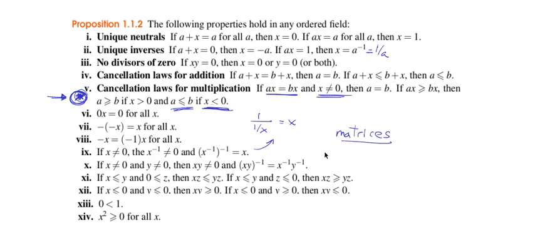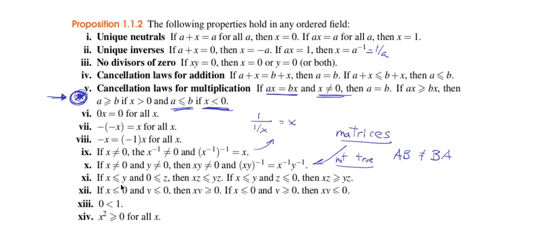When you have matrices, this thing is not true. And that's because the multiplication for matrices is not commutative. Because A times B is not B times A in general. And so the inverse of these products are not the same. So just remember that. But with real numbers, this is true.